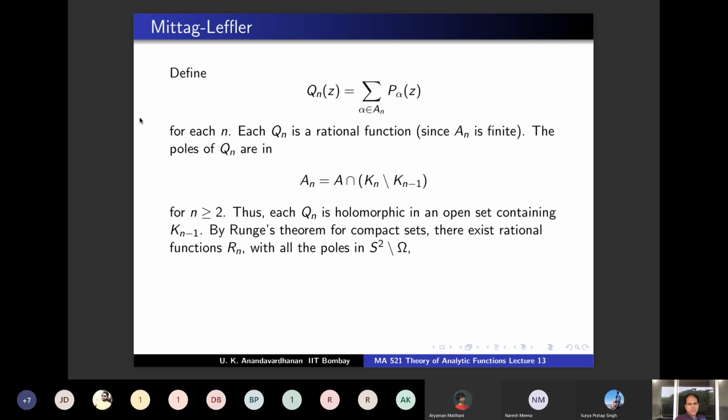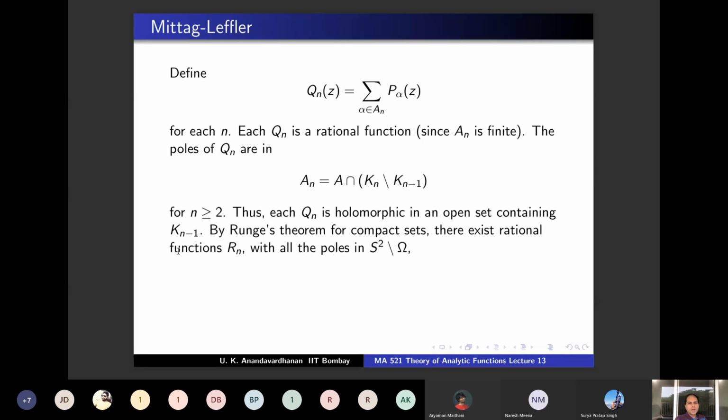So this is Runge's theorem. I can prescribe a set which meets each component of S2 minus Kn minus 1, but take those points from S2 minus omega, since each component of S2 minus Kn minus 1 contains a component of S2 minus omega.